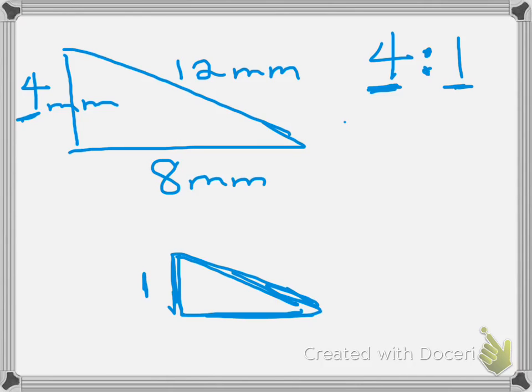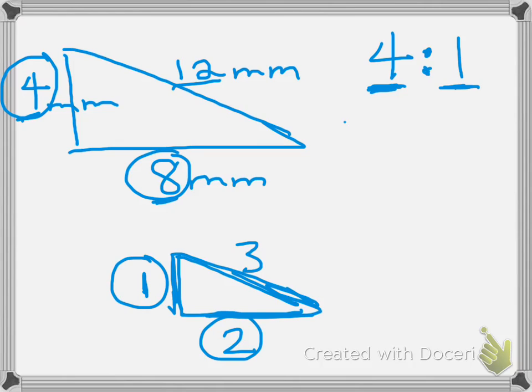So that'll be a 1. And then this one divided by 4 is 2. This one divided by 4 is 3. Okay, so 4 to 1 means 4 to 1. Okay, or 8 to 2, which is 4 to 1, if you reduce it, or 12 to 3, which is also 4 to 1.